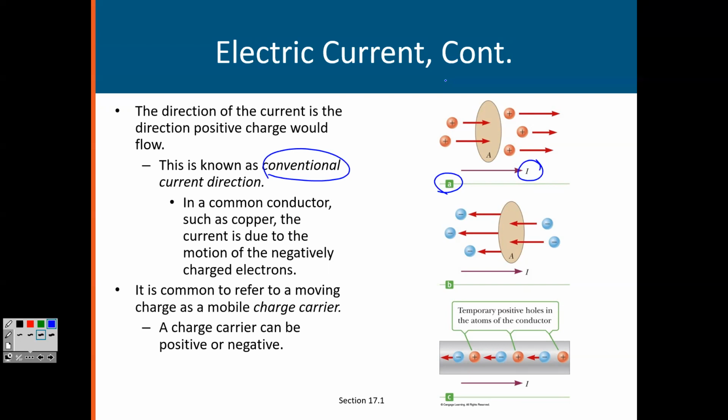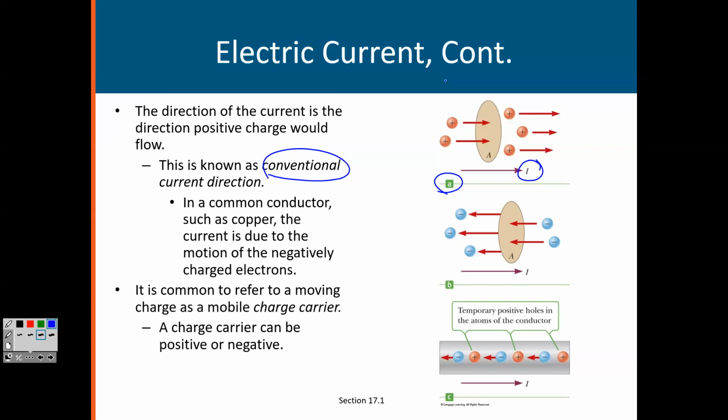Scientists come together and agree to take the direction of the positive charge flow as the direction of the current. That doesn't mean negative charges don't constitute current. It is a current, but we flip the direction of the current to be opposite to the flow of the negative charges. The flow of the positive charges is the same as the direction of the current. It's a convention.